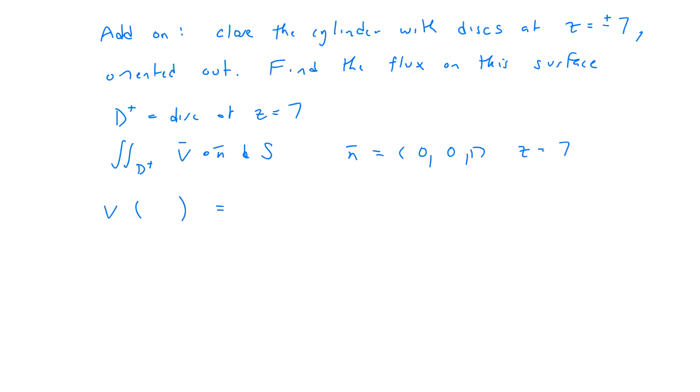So in some ways, in this case, it would be u cosine v, u sine of v, where u goes from 0 to, I forget what the radius was, 5, right? So u would go from 0 to 5, and v would go from 0 to 2 pi, but we don't really care, because the only thing we care about is that z is equal to 7, and our vector was, I have to go back and remind myself.